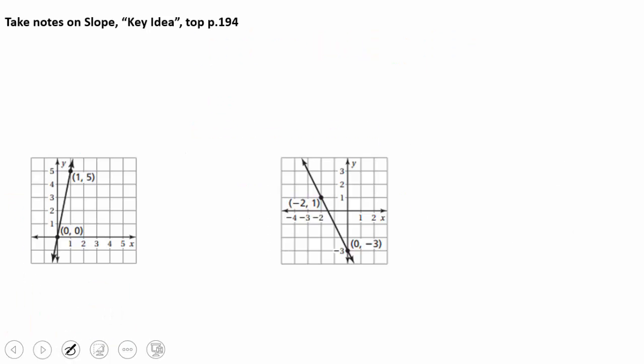So you should have taken a few quick key notes from the top of page 194. They were review notes. And let's get busy talking about some of the things that we have learned. Because unfortunately, slope has many definitions, and we need to understand them all. So we're talking about the word slope. We know it's represented by the letter m.